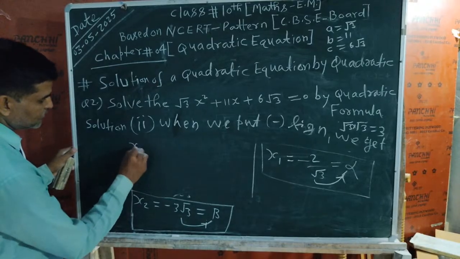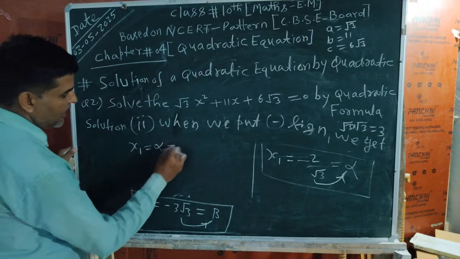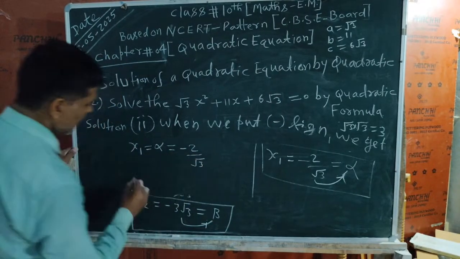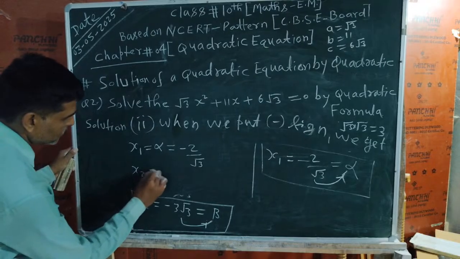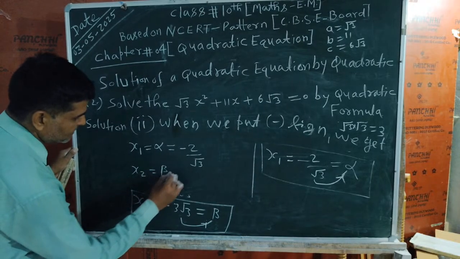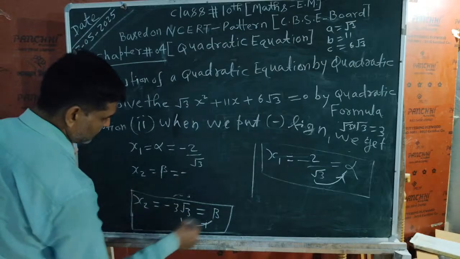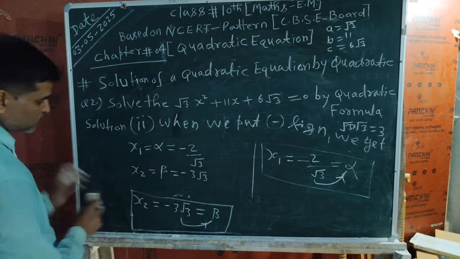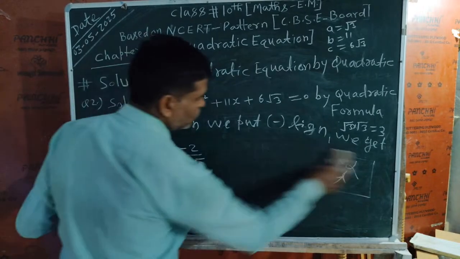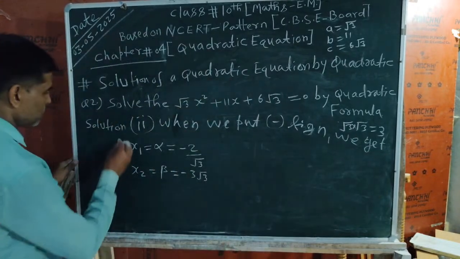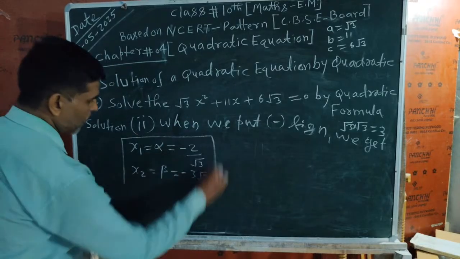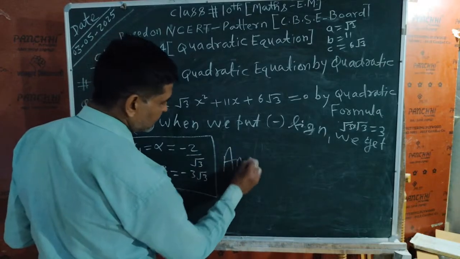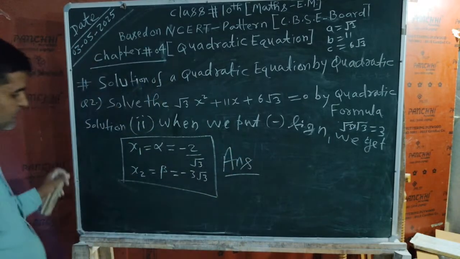So x1 is equal to alpha and its value is minus 2 divided by root 3, and the other value is x2, which I am going to assign to beta, and its value will be minus 3 root 3. Okay, student. So the data below I am going to erase, and here I am going to write this is the final answer of the given quadratic equation. So I say this is the answer of the given quadratic equation.